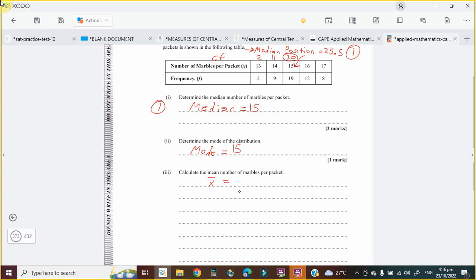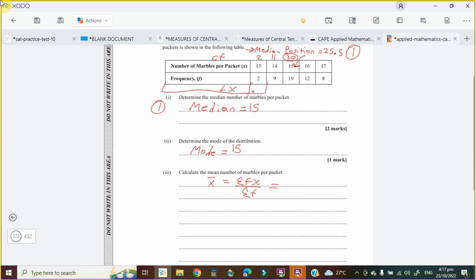It is grouped data. Summation of fx over summation of f. Alright, so Tristan, what's the sum of fx? So you have your x and you have your f. So you need to work out f times x now.